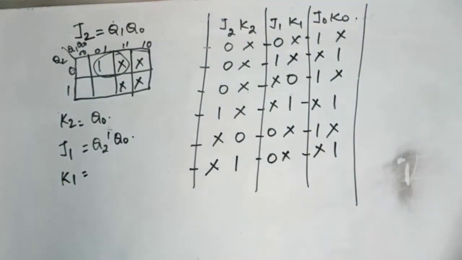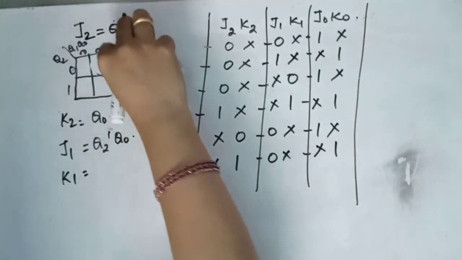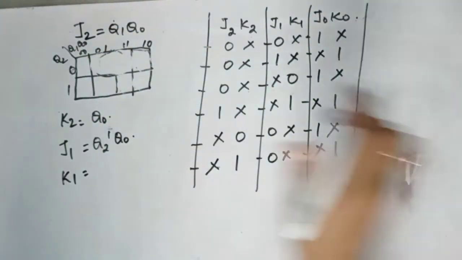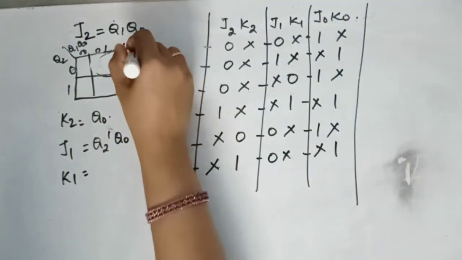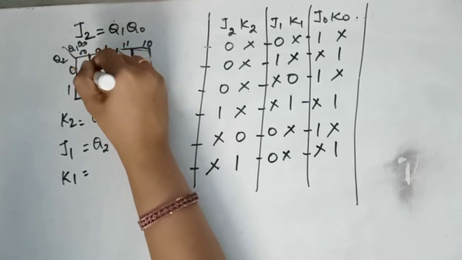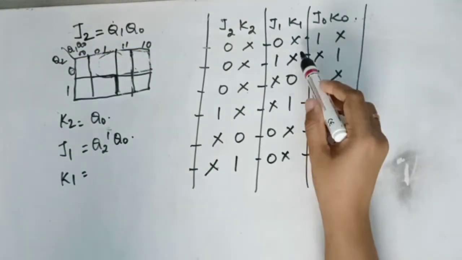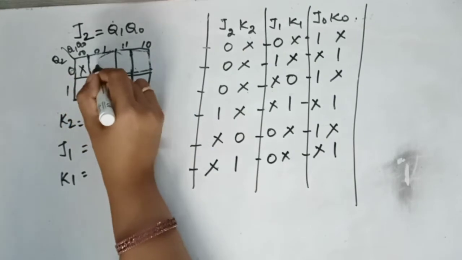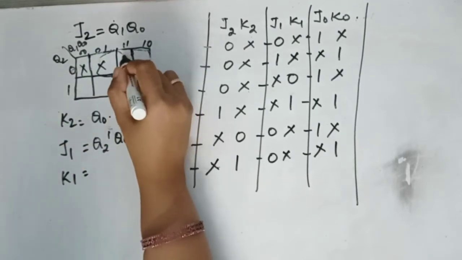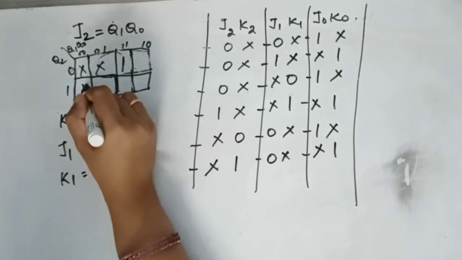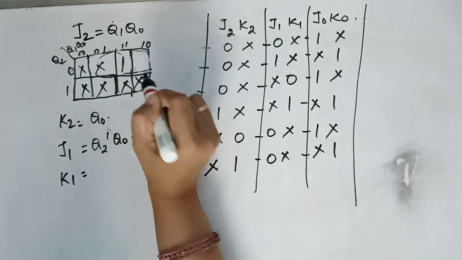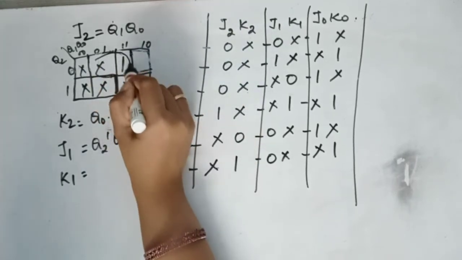For K1 it is 0 1, 2 3 4 5 6 7. Yes, so it is like this.